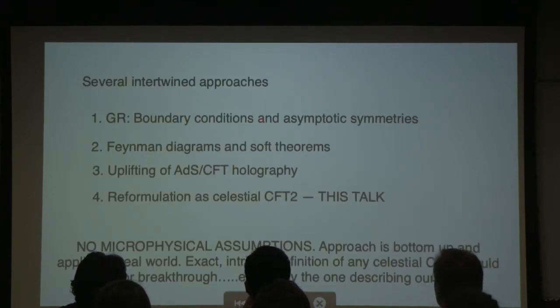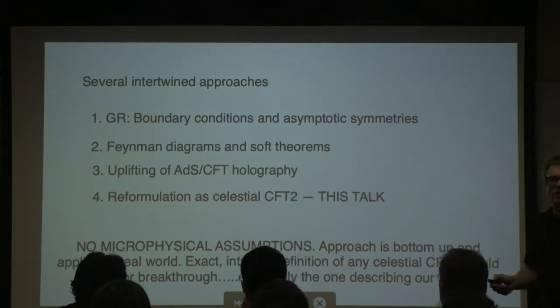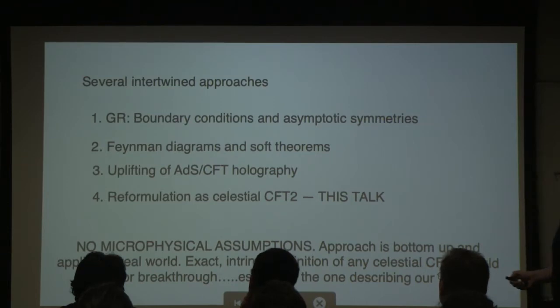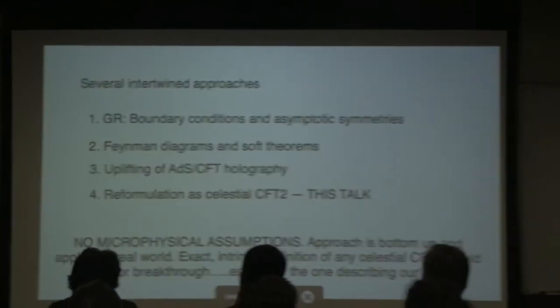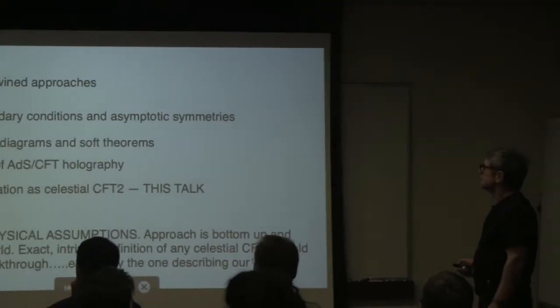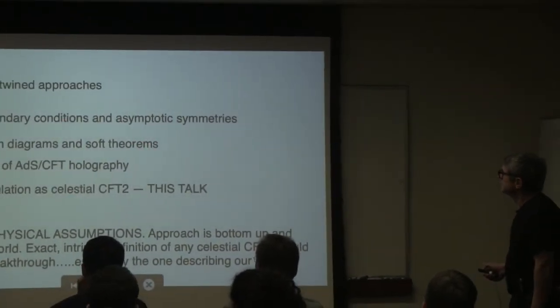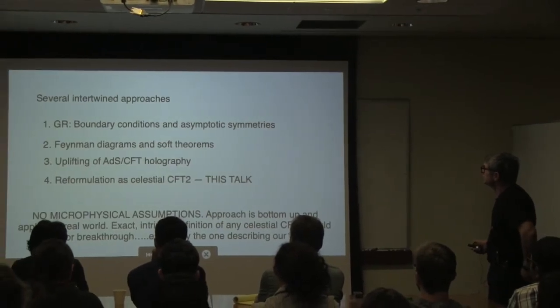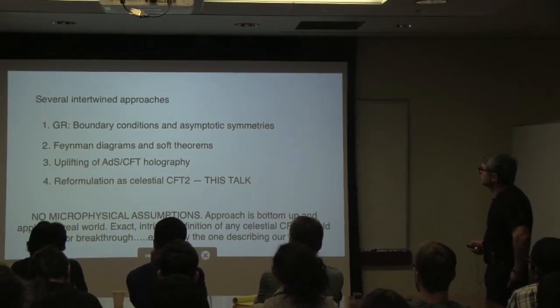Now, there are several intertwined approaches to the set of ideas I'm going to talk about. There's a long program that began with Bondi, Metzner, and Sachs in the 60s of understanding the asymptotic symmetries of asymptotically flat spacetimes in four-dimensional general relativity, what kind of boundary conditions you impose.